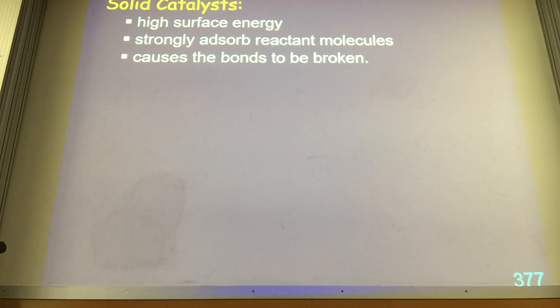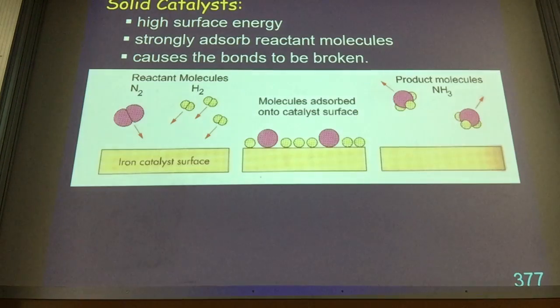Solid catalysts, generally substances with a high surface area, which bind the reactant molecules to the surface of the catalyst, and that makes it easier for the bonds to be broken. And the Haber reaction of ammonia does that. The nitrogen and the hydrogen stick onto the surface. That makes it easy for the bonds to break. If you've got it at 500 degrees and 400 atmospheres or something.